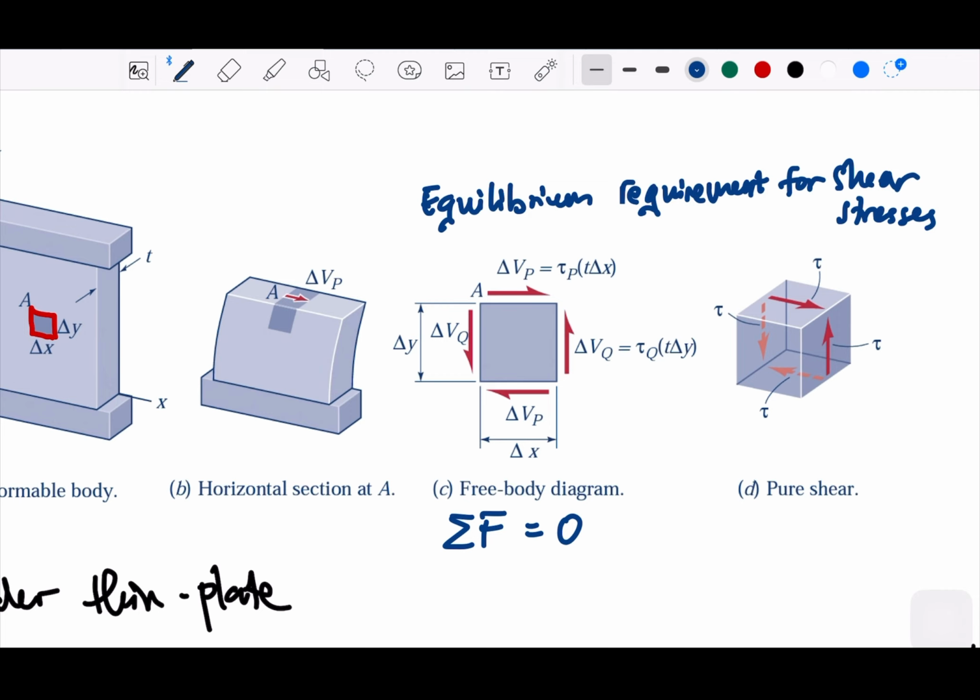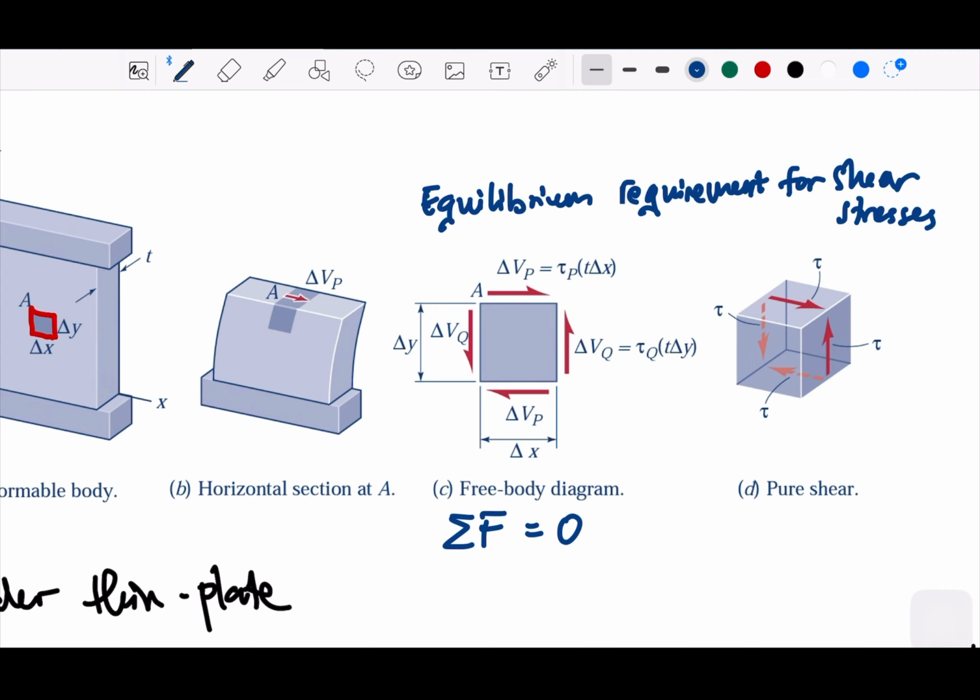Because if you imagine a cube of clay, or Play-Doh, if you put some force, you press or shear this part here, there will be some reactions here, and maybe some reactions going down here, if we push the body.